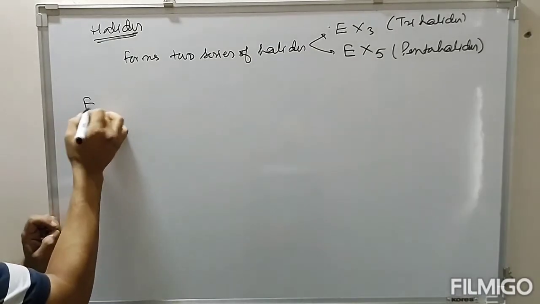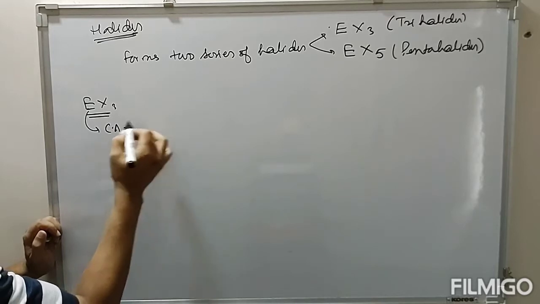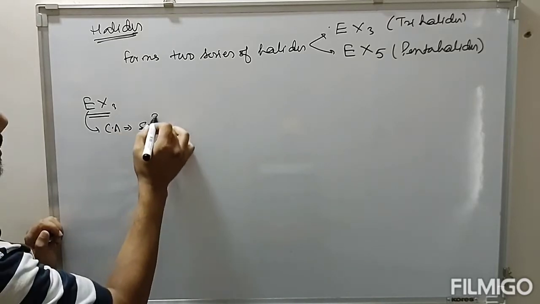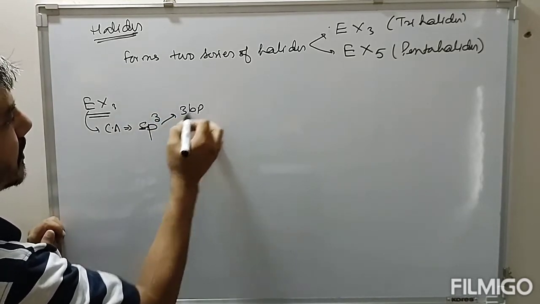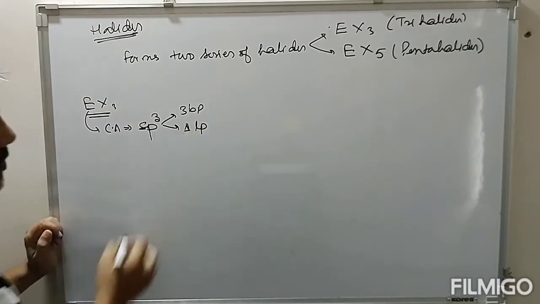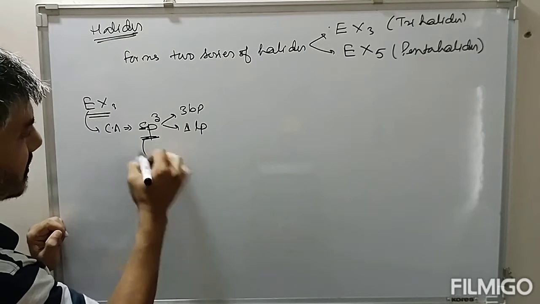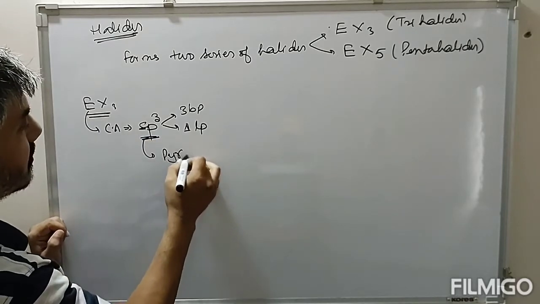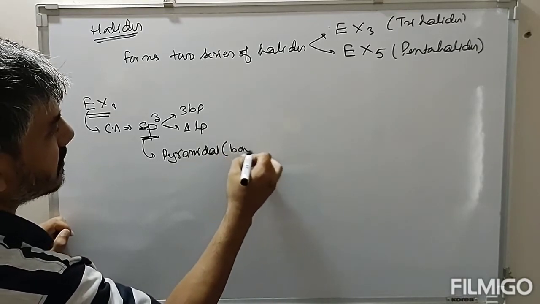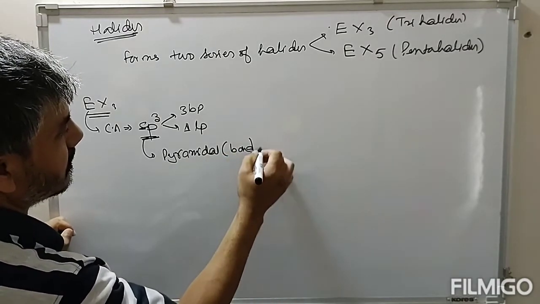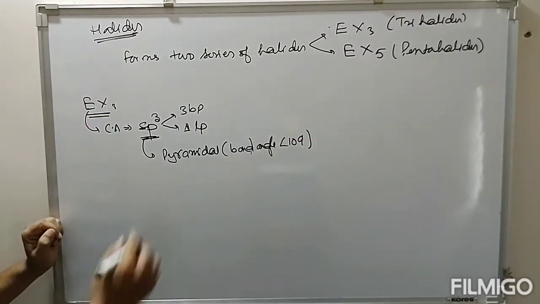So coming to EX3, this is the central atom. The central atom undergoes sp3, and this contains 3 bond pairs and 1 lone pair. Due to the presence of this lone pair, this EX3 is pyramidal, and the bond angle is less than 109 degrees.